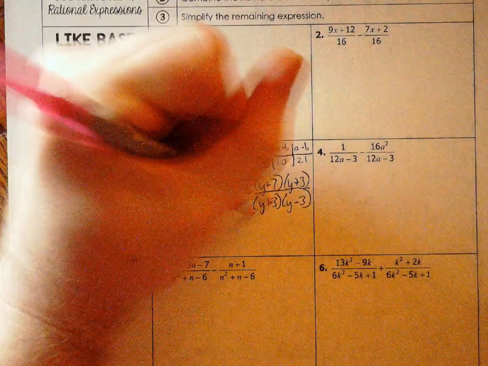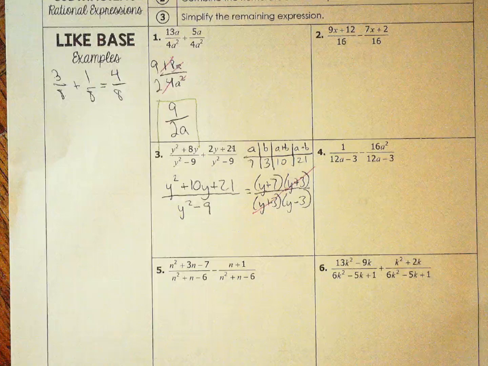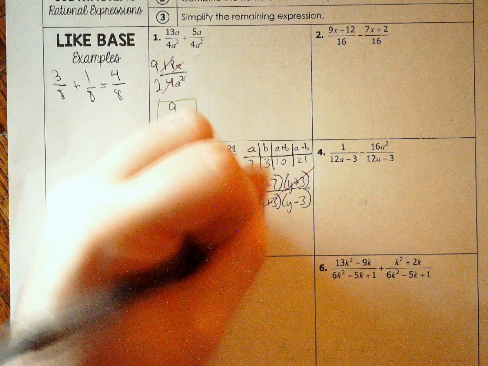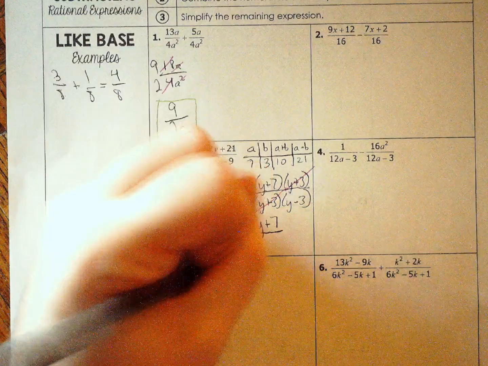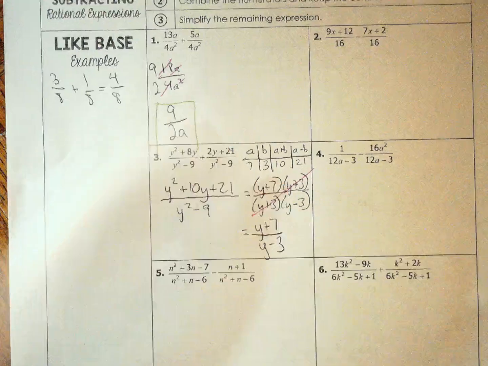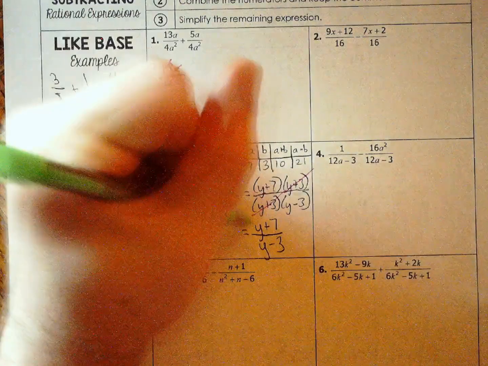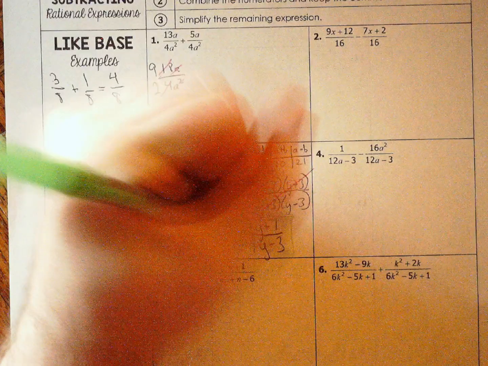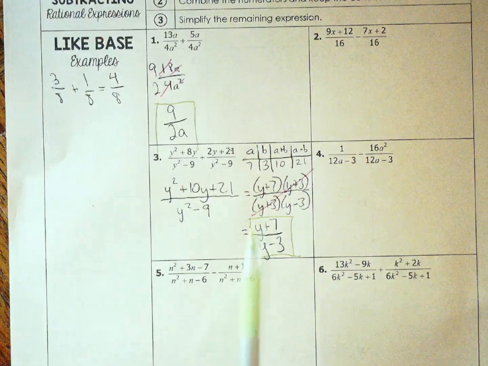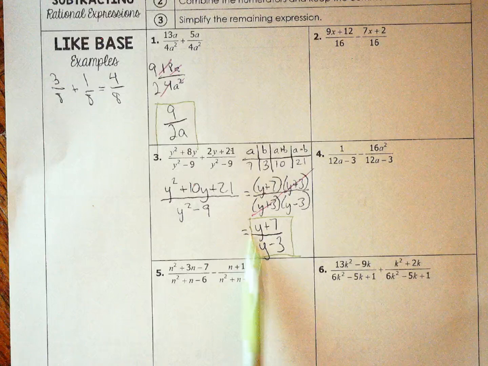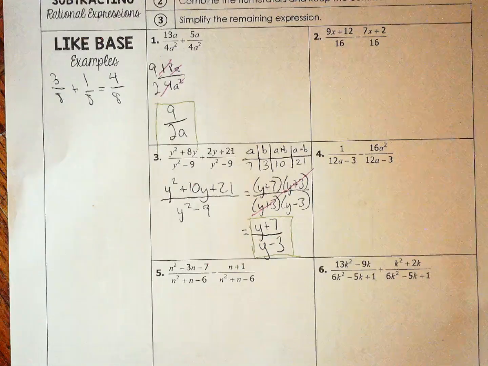And now notice we have two y plus 3's. And so my final answer is y plus 7 over y minus 3. And I can't simplify it any further. Remember, you cannot divide these y's individually. That's not a thing.